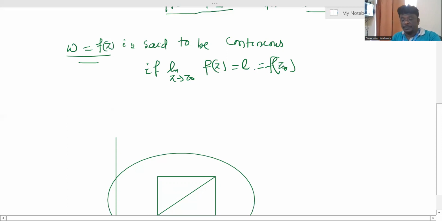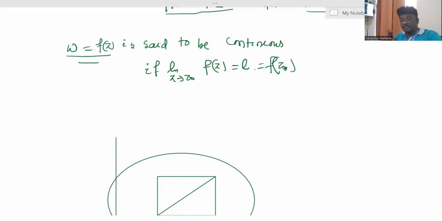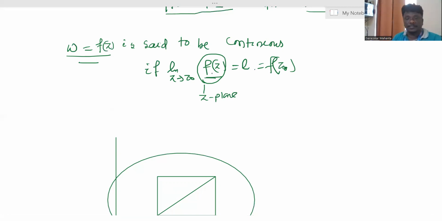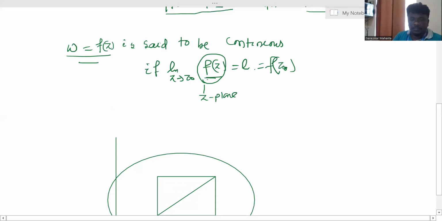Further, f(z) is said to be continuous in the region R of the z plane if it is continuous at every point of that region. So f(z) is continuous in the z plane if it is continuous at every point of the z plane.